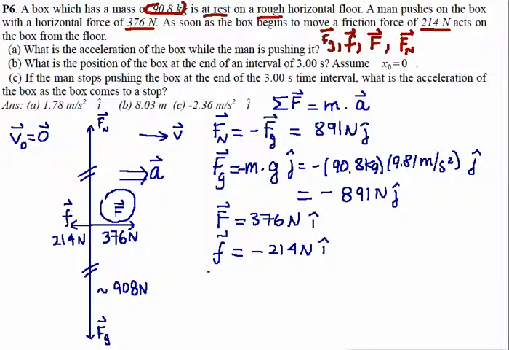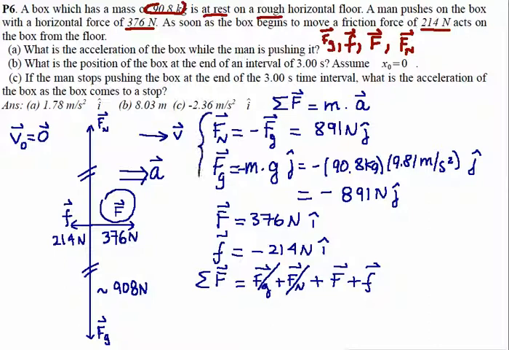If I add all those forces together, that is Fg plus Fn plus F plus friction, what I notice is that those two cancel out. So next time, in order to be faster, I could just skip that step because I don't need those numbers.